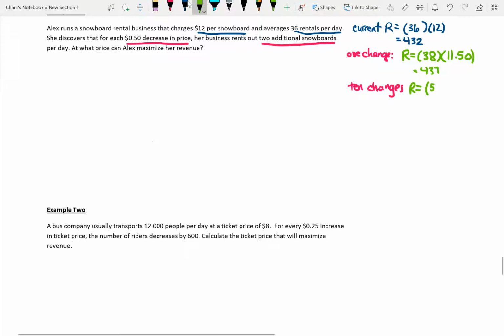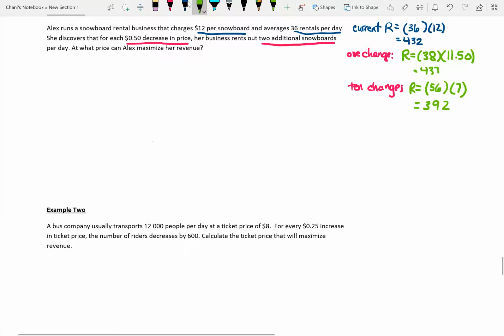So now we're at 56 snowboards, and 10 50-cent price decreases is equivalent to $5, so now her price is $7 instead of the original 12. So 56 times 7, whoa, that is only 392. That is a lower revenue than our original.